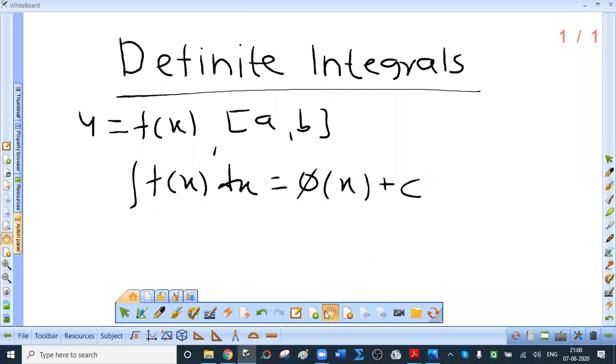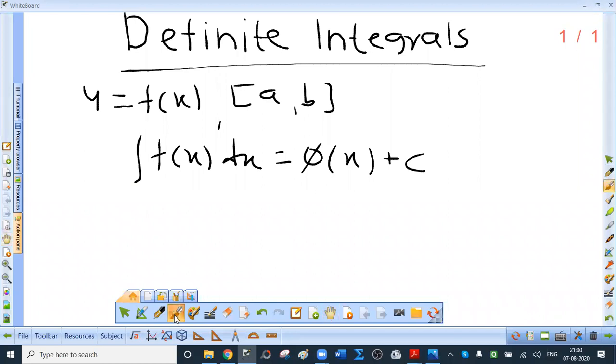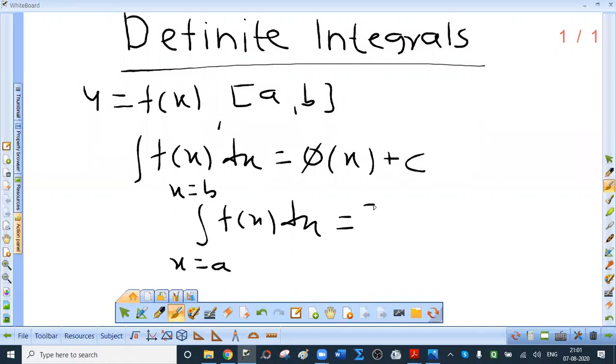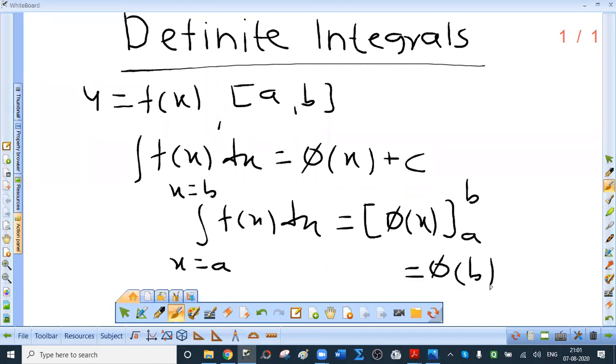Then the integral of f of x dx from a to b, that is from x equal to a to x equal to b, is defined as phi of x from a to b. First we put the upper limit, so phi of b, minus we put the lower limit, phi of a. This is called the fundamental theorem of integral calculus.